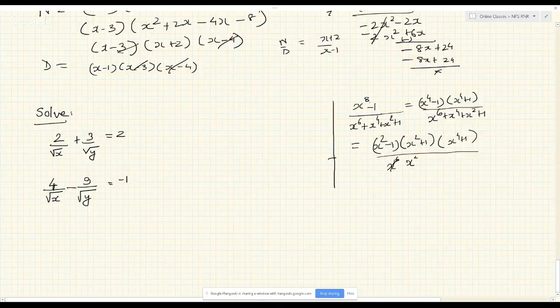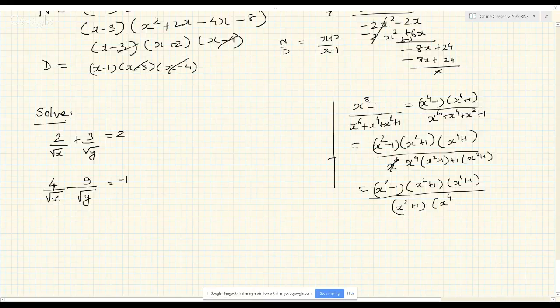So x to the power 4 common, it becomes x square plus 1 and plus 1 x square plus 1, which is x square minus 1, x square plus 1, x to the power 4 plus 1 divided by x square plus 1 and x to the power 4 plus 1. So we see this goes. So x square minus 1 is the answer.